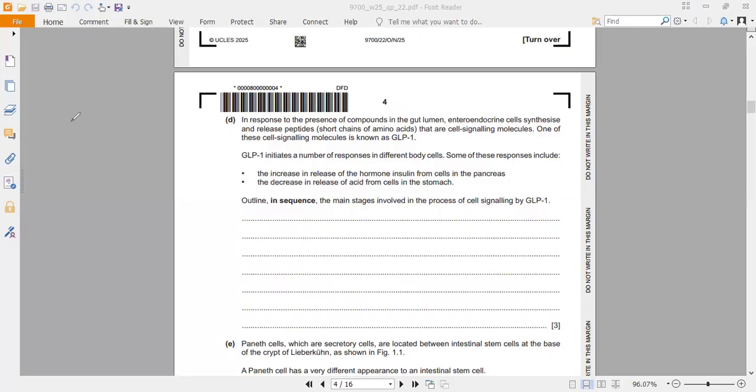The signal reaches a target protein or organelle within the cell, triggering a specific physiological change. In this specific case, the response is either the secretion of insulin from the pancreatic beta cells or, you can say, inhibition of the acid release in stomach cells.